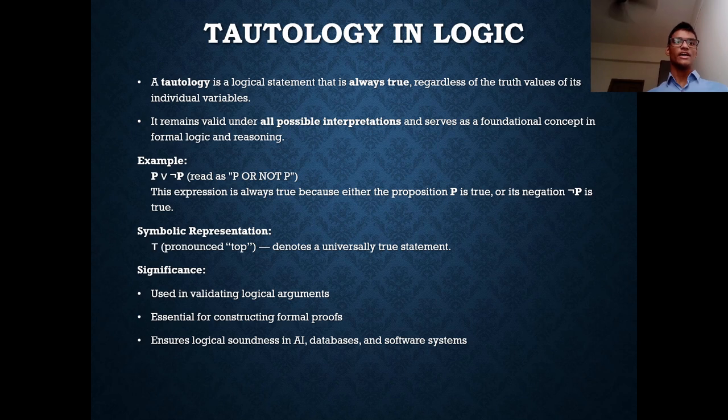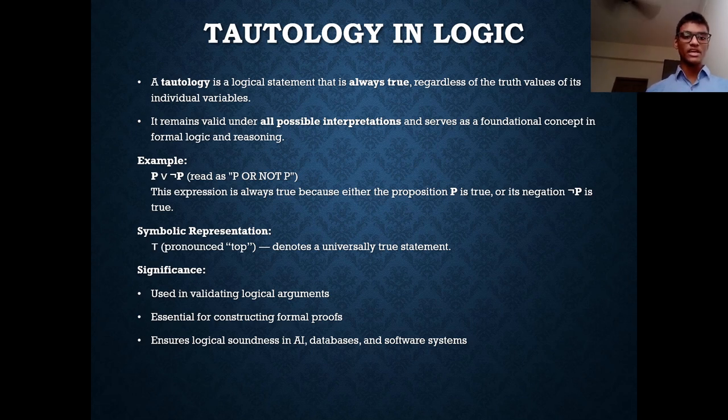Tautology in logic. A tautology is a logical statement that is always true, regardless of the truth of its individual variables. It remains valid under all possible interpretations and serves as a foundational concept in formal language and reasoning. Example: P or not P. This expression is always true because either proposition P is true or the negation of P is true.